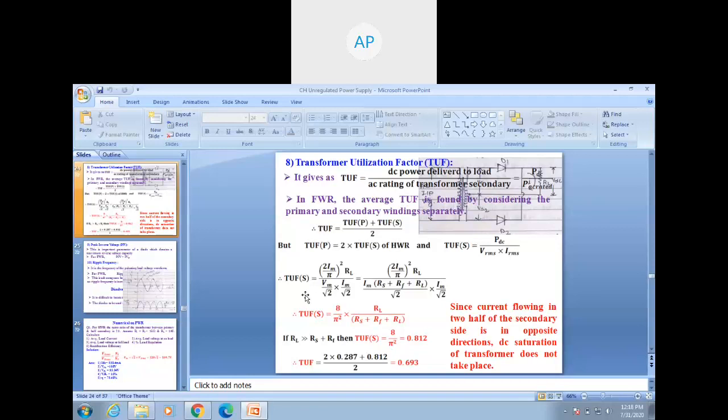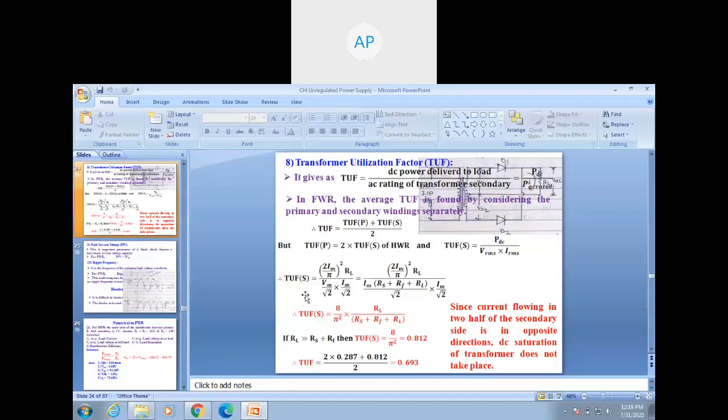So here we have taken the working operation of a full wave rectifier. A few of the parameters we have analyzed are IDC, VDC, ILRMS, VLRMS, and we have found the ripple factor, which is 48.48 or 48%.